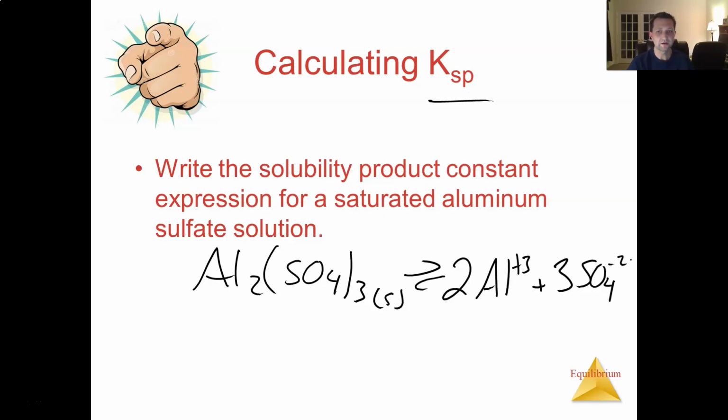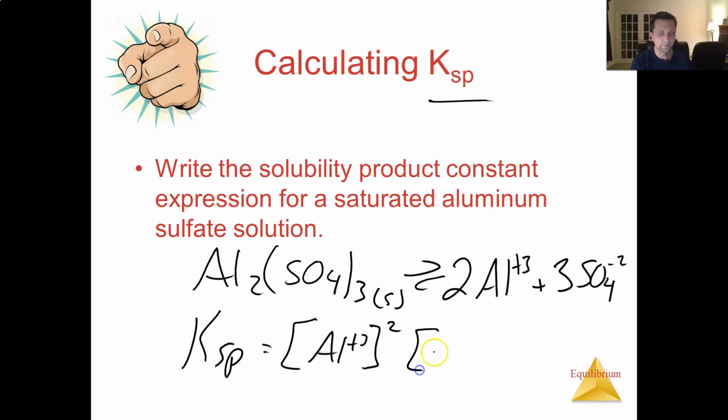So we want to write our Ksp expression. Ksp equals the concentration of aluminum squared times the concentration of sulfate, minus 2, cubed. That's it. Okay. Notice how the solid is not in our answer, right? It's a solid that is never showing up in Ksp expressions.